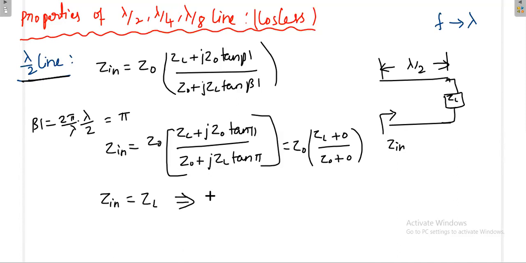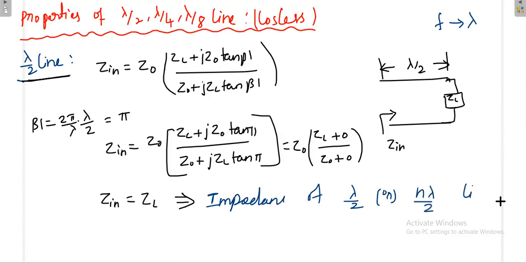That's why in general I can write: the input impedance of a lambda by 2 or n lambda by 2 line is always the same as the load impedance.